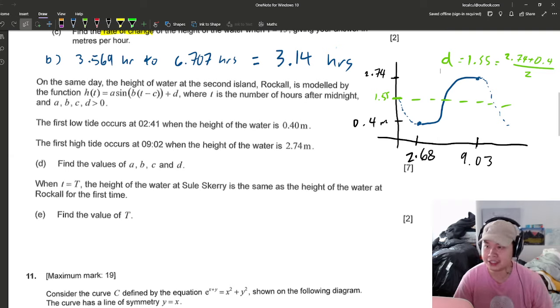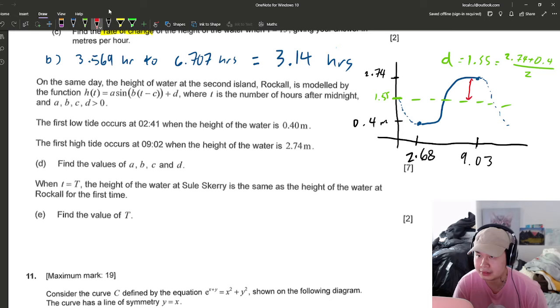In a very similar fashion, we know what A will be. A is related to the amplitude. So we're going to find the amplitude. There's lots of ways to do it. If you have the midline, then you can just subtract these two, or subtract these two.